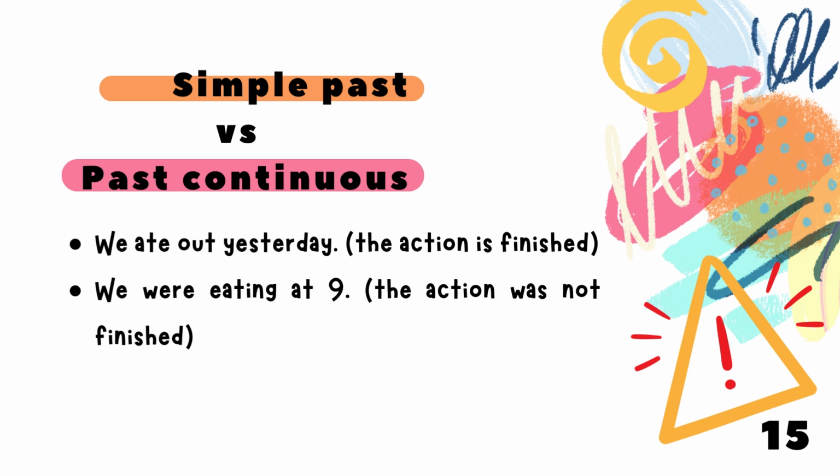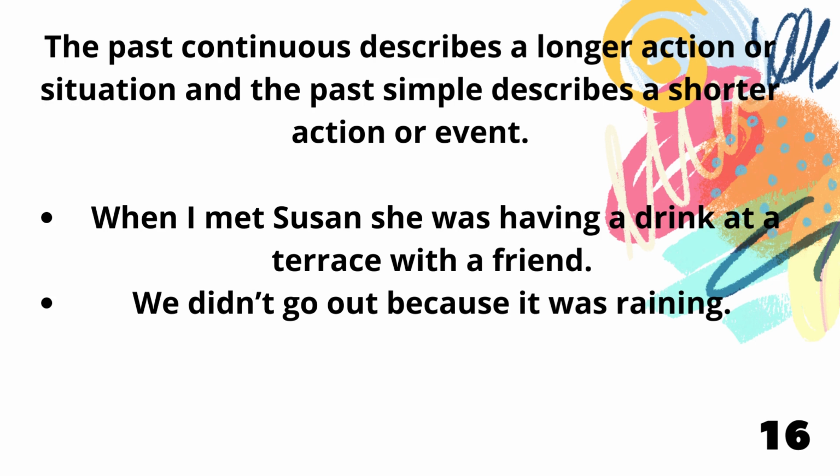We were eating. The past continuous describes a longer action or situation, and the past simple describes a shorter action or event. For example, when I met Susan, she was having a drink at the terrace with a friend. We didn't go out because it was raining.